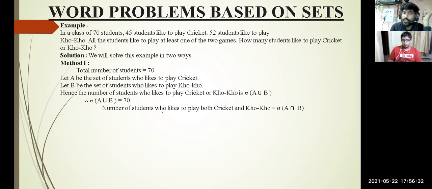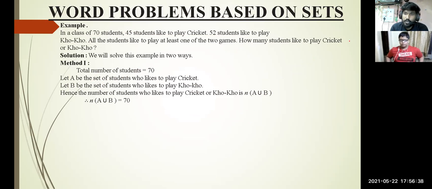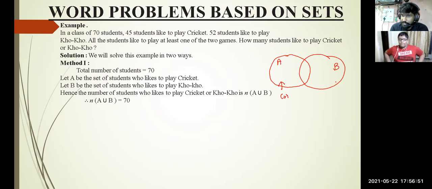Now, number of students who like to play cricket and Coco. What does that mean? Suppose this is A and this is B, this is who plays cricket, this is who plays Coco.